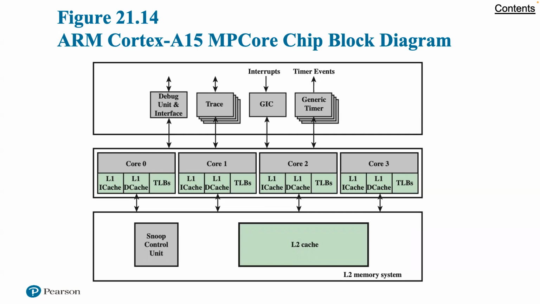So in this section, we will introduce the Cortex A15 MPCore multi-core chip, which is a homogeneous multi-core processor using multiple A15 cores. The A15 MPCore is a high-performance chip targeted at applications including mobile computing, high-end digital home servers, and wireless infrastructure.